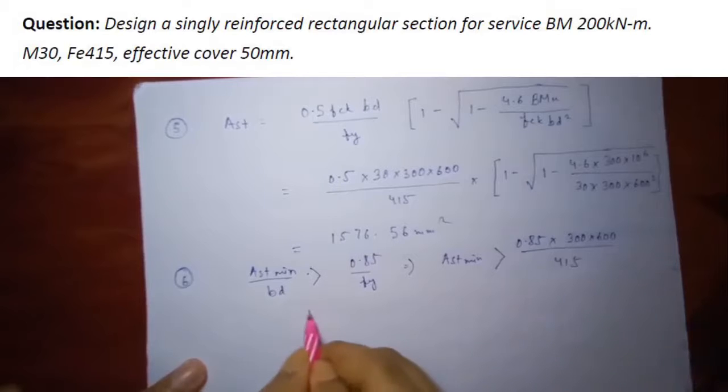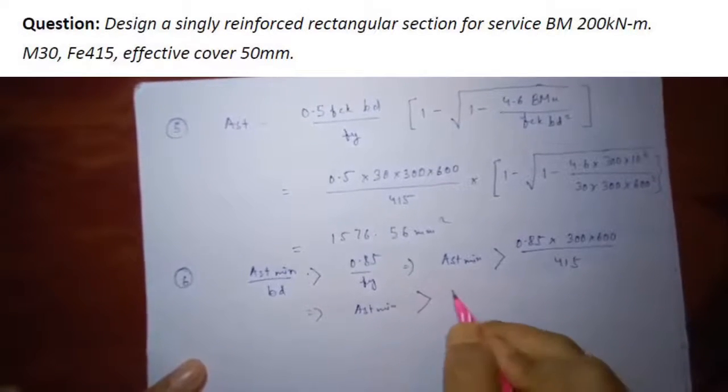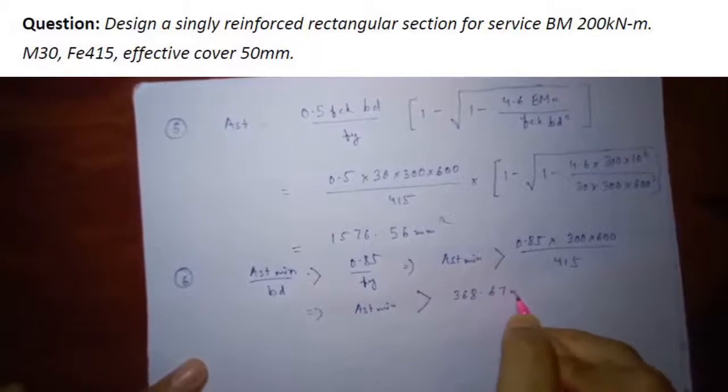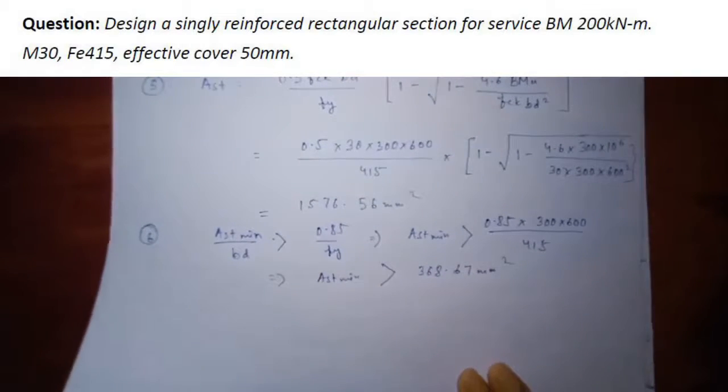Thus our AST minimum should be at least 368.67 mm square. So this is the value of our AST minimum.